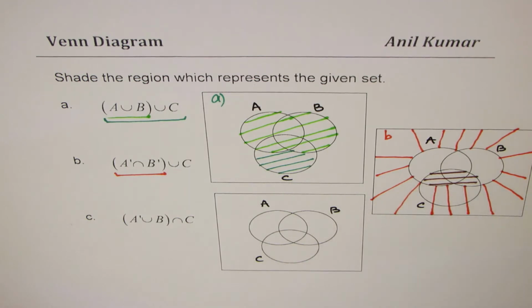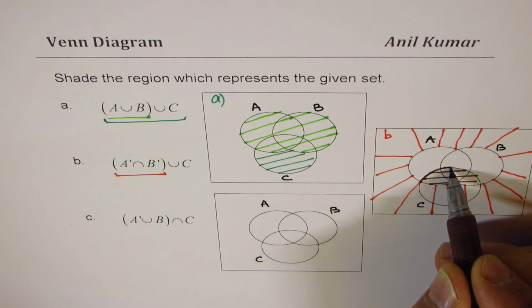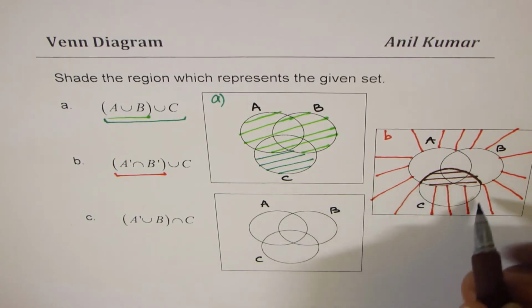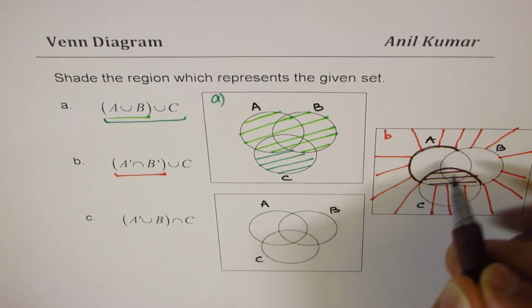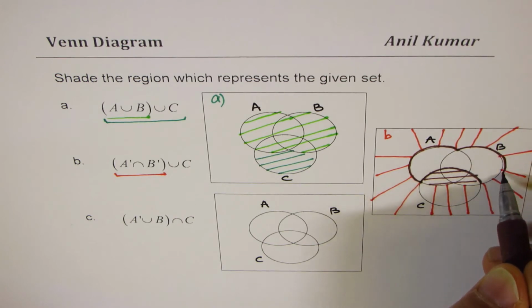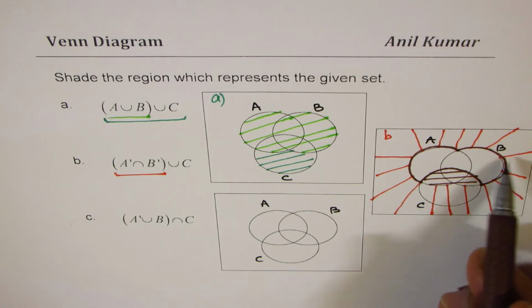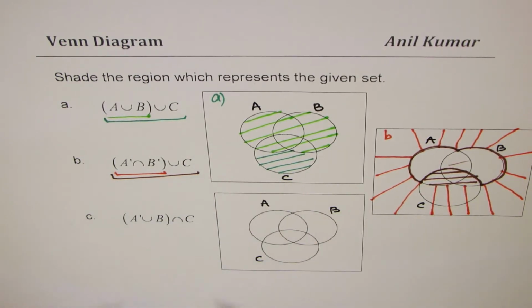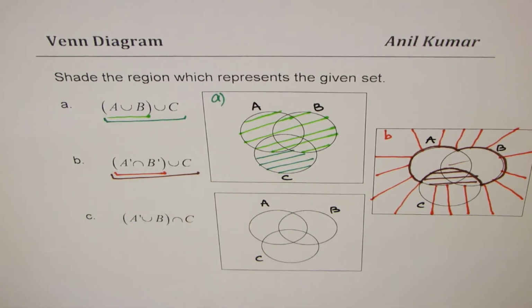So what we get here is that the portion which was not A and B gets included with C when we figure it out. Do you see this part? So that becomes the answer. Is that clear? So all this portion outside includes union of C with intersection of not A, not B. Perfect? So that is how you're going to shade.